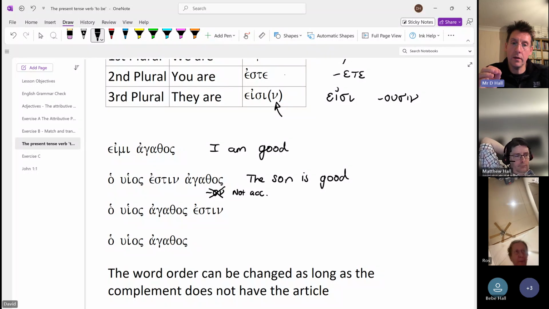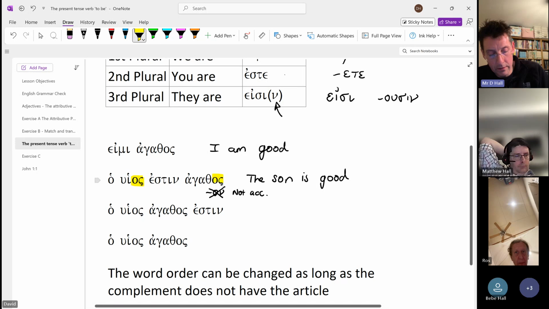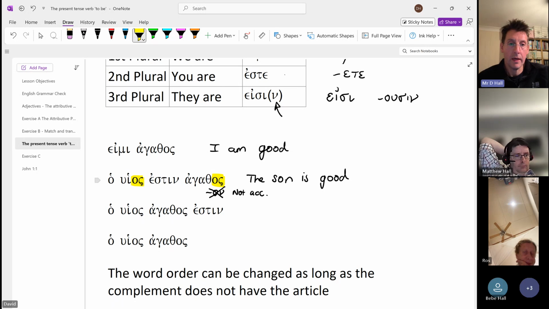Good is a complement to the noun, which is the subject. So it therefore will be in the same ending as the noun which you have as your subject. So in this case, it's in the nominative. It would be because it's a subject. Therefore, the adjective is in the nominative case, and then it also agrees in number and gender.